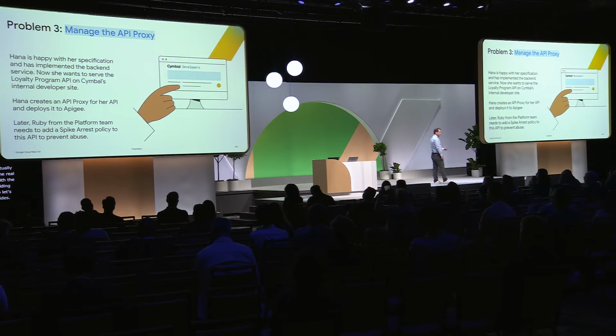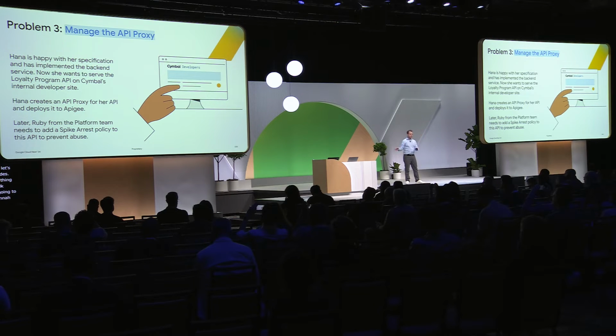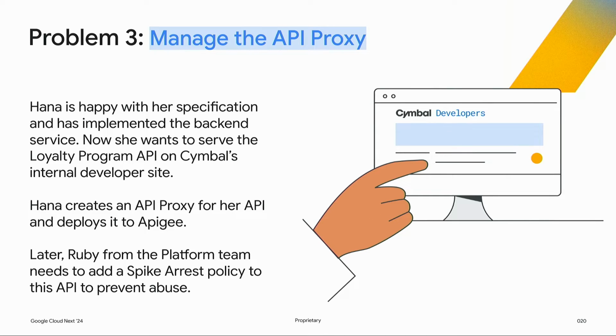OK, and then one last thing. Now we're going to talk about where HANA is going to complete her job. The API specification she worked on with the tool now does what she wants it to do. Gemini helped her do that. Gemini Code Assist also helped her publish a mock. She's now implemented the service using normal Gemini Code Assist to write the service code and to deploy it.